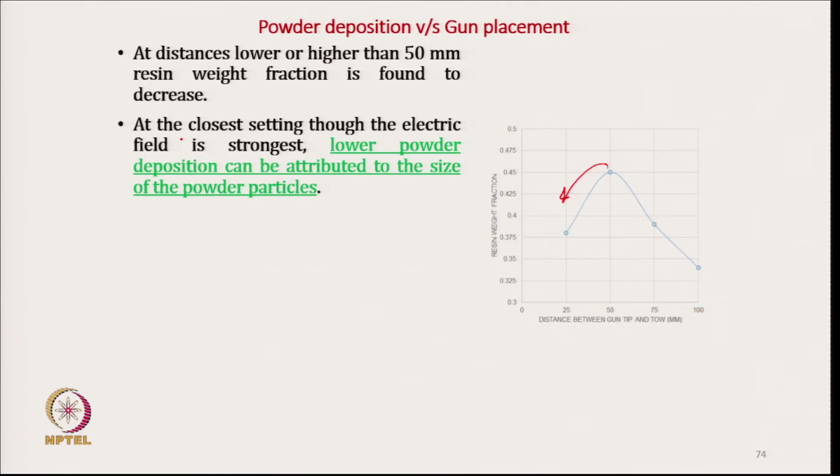At that lower distance, the size of the particle is a little bit larger, so it has very high inertia. With that inertia, if it strikes the toe, it will immediately bounce back, or it will not stick to the surface, it will reflect, because at lower distance the inertia is very high.